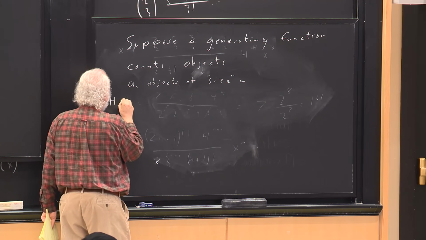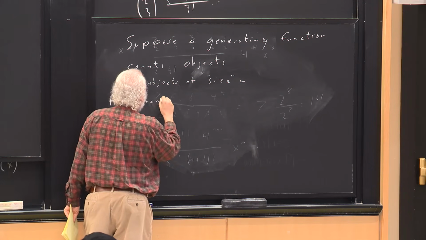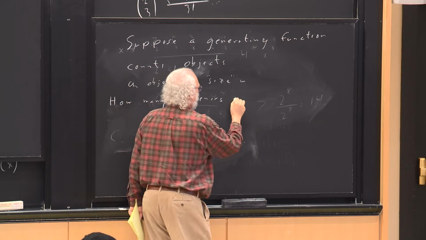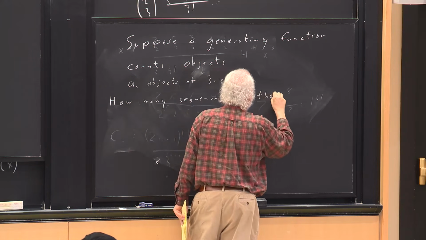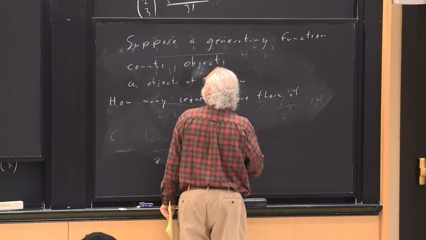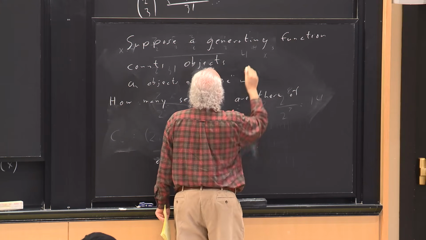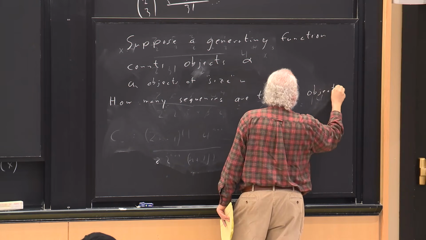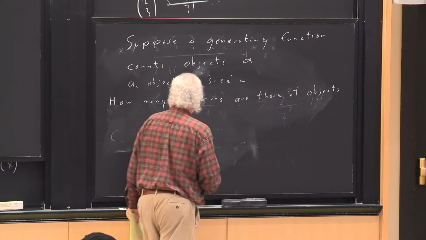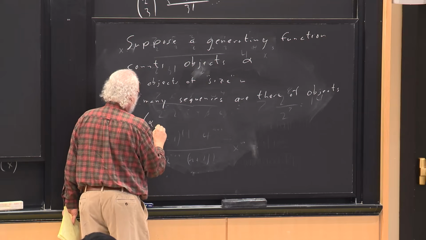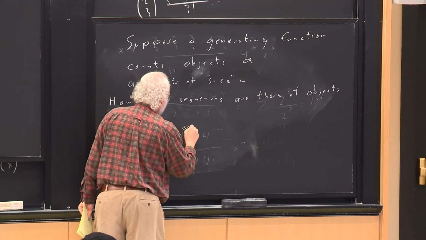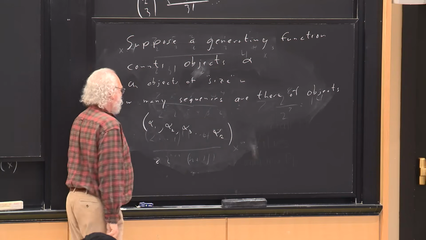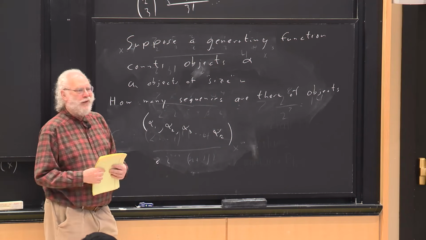So we ask, how many sequences are there of objects, let's call these objects alpha 1, alpha 2, alpha 3 through alpha k. And these sequences can be of any length.